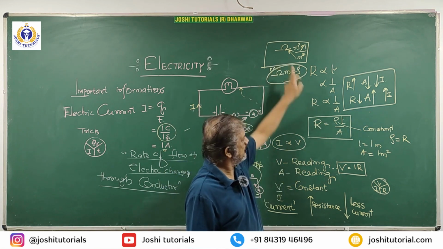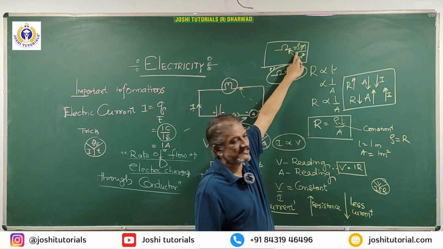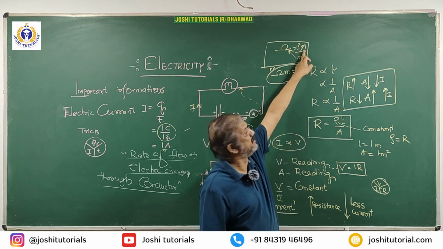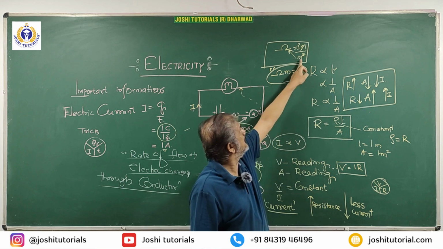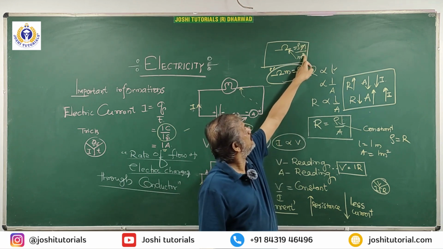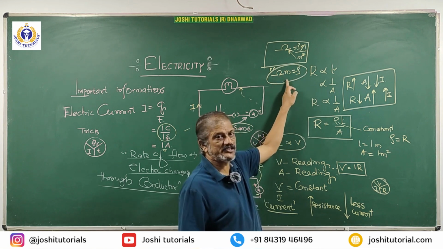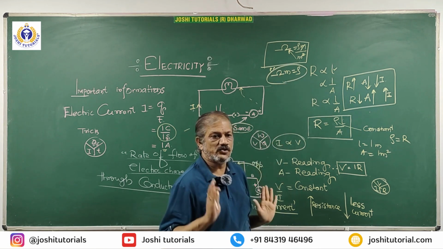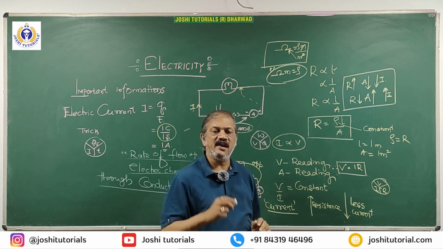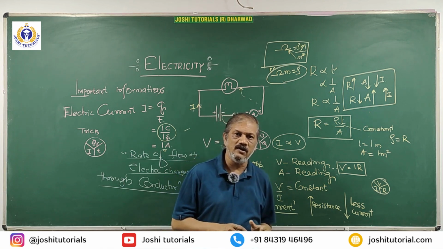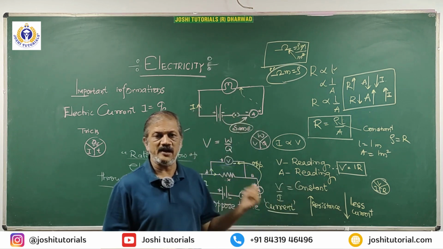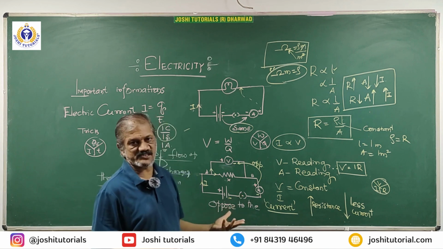R in ohm, rho as it is, length in meter, area in meter square. 1 meter cancels by cross multiplication. Ohm meter is the unit of rho. So this is a starting information about this chapter. We continue again in the next one.